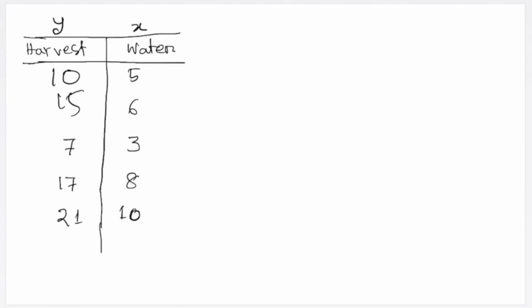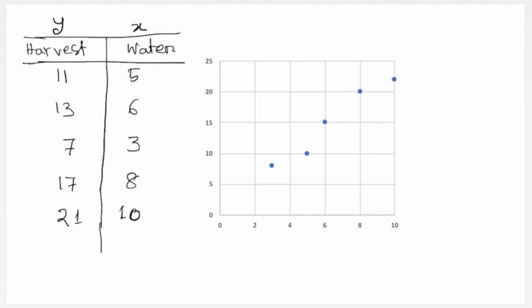For water amount of 3, the harvest amount is 8. For water amount of 8, the harvest amount is 20. For water amount of 10, the harvest amount is 22. After plotting this on a two-dimensional graph, we obtain this.